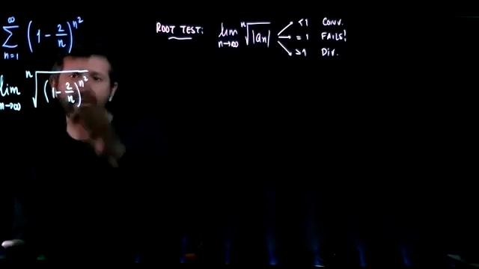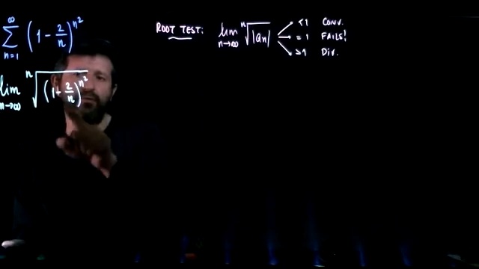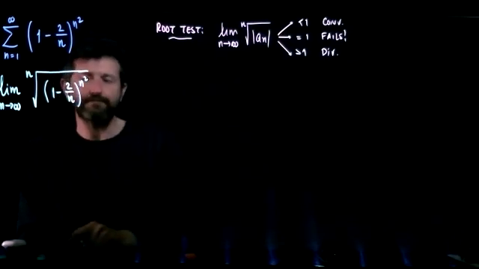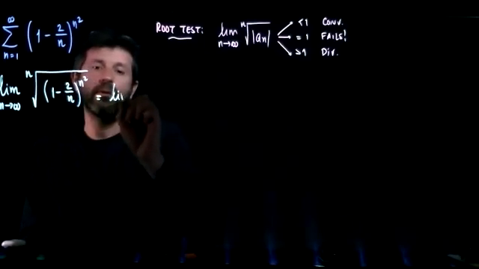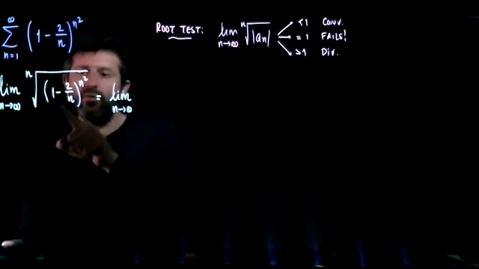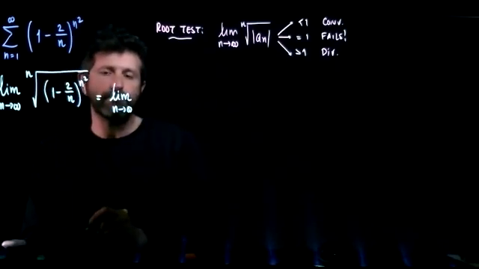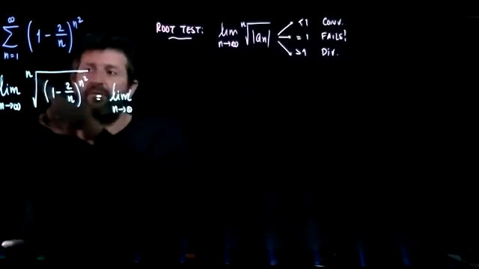Okay, in absolute value, but since n is very big, this is definitely positive, and definitely less than 1. So I don't need the absolute value in this case. Let's do this. So how do you do this power n squared, nth root? You convert the root into a fractional exponent.